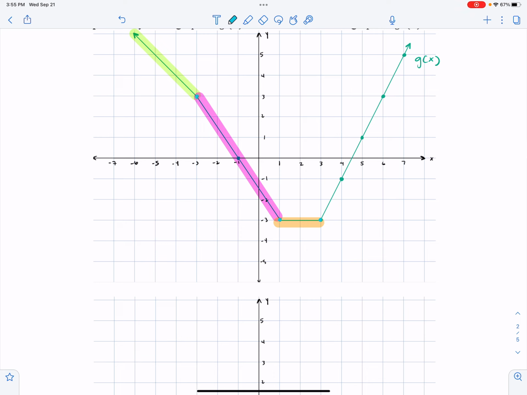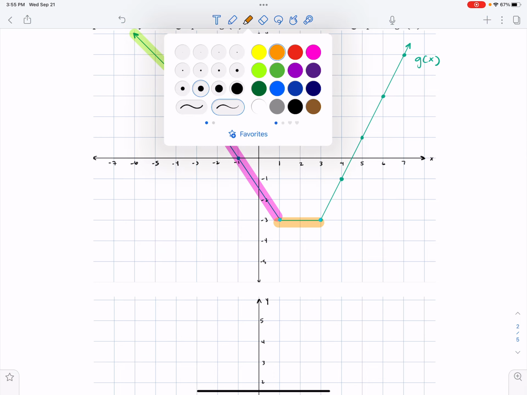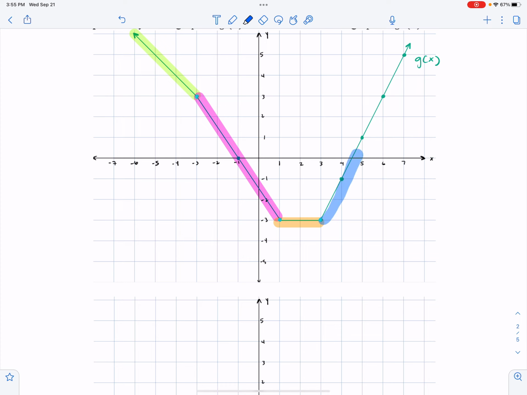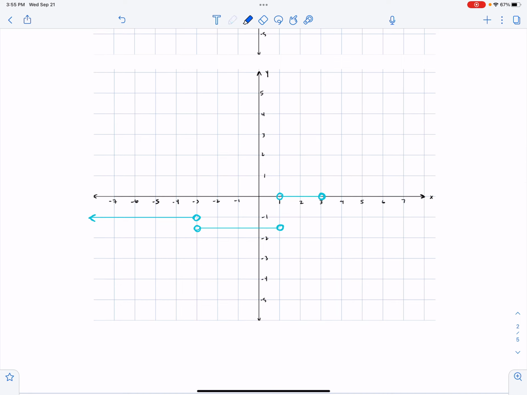And then from 3 to positive infinity, it looks like the slope would be 2. From 3 to positive infinity. Okay, so this is a sketch of g prime.